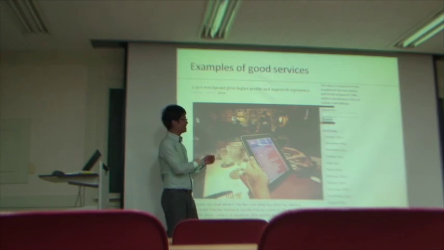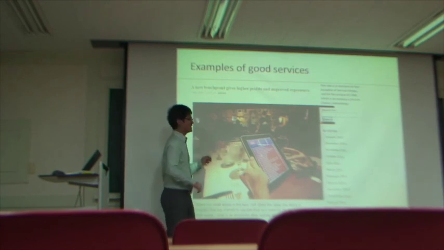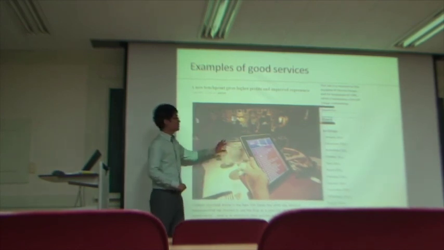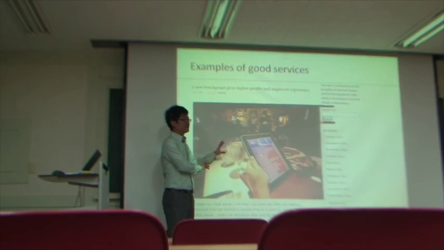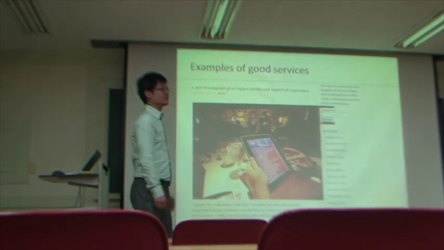It also increased the likelihood of customers ordering more expensive wines than before. So this is just an idea of redesigning one touch point. And the iPad matches very well with tasting wine. So this is just an example in food service.